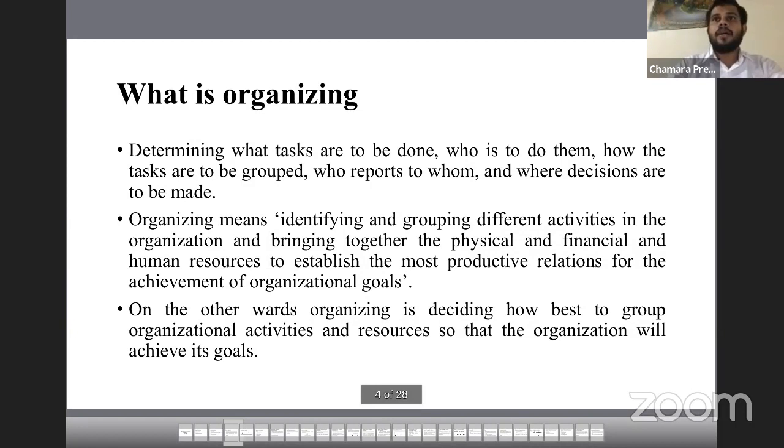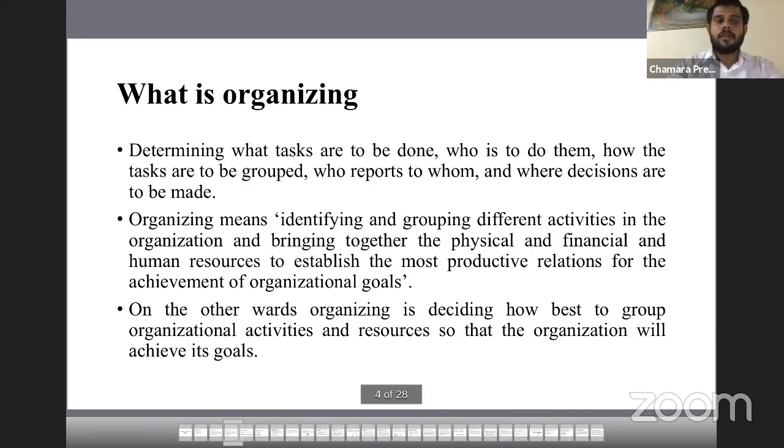In other words, organizing is deciding how best to group organization activities and resources so that the organization will achieve its goal, right? So we have defined the same thing in different definitions so that you can have an understanding about the concept, right? So now you know what organizing is.